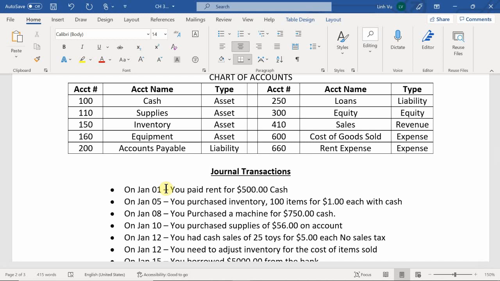Loans, and what was the other account? So we got cash, right? When you borrow money, what does that mean? What do you have? You have cash. Exactly. Exactly.